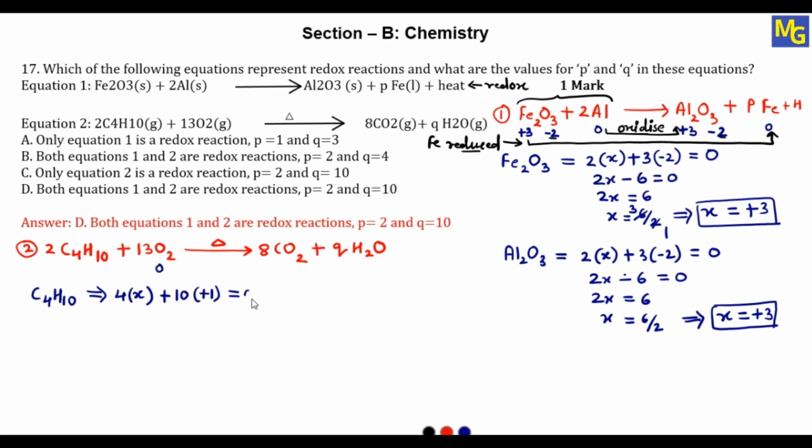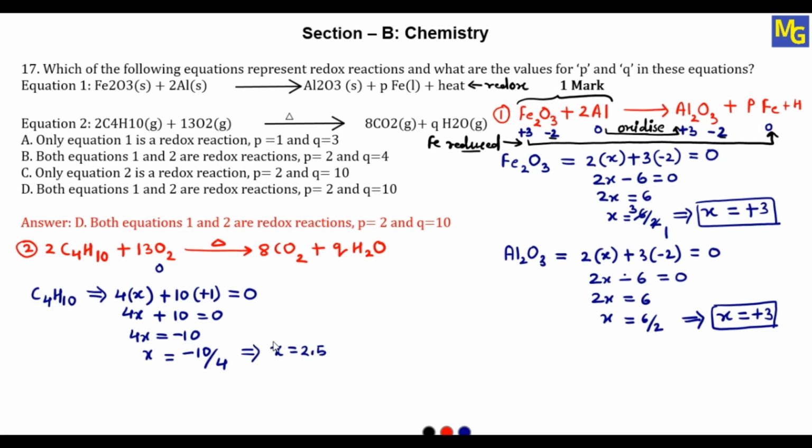And overall it is 0. So 4x plus 10 equals 0. Then 4x, shifting 10 to the other side, it will be minus 10. x is kept as it is: x equals minus 10 divided by 4. So if you divide this, the x value we get is minus 2.5.